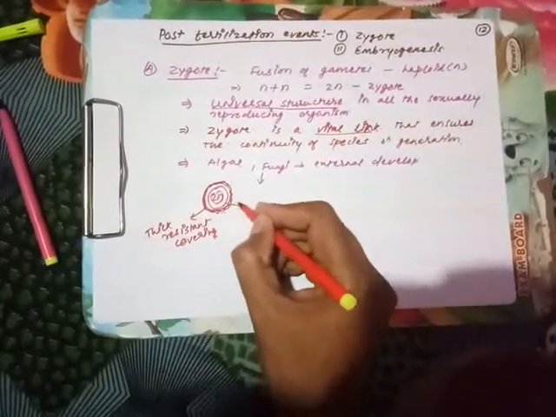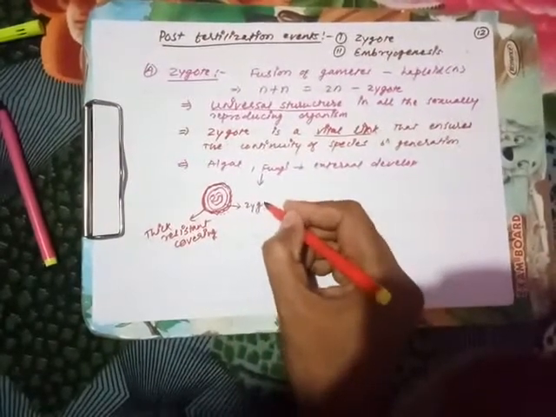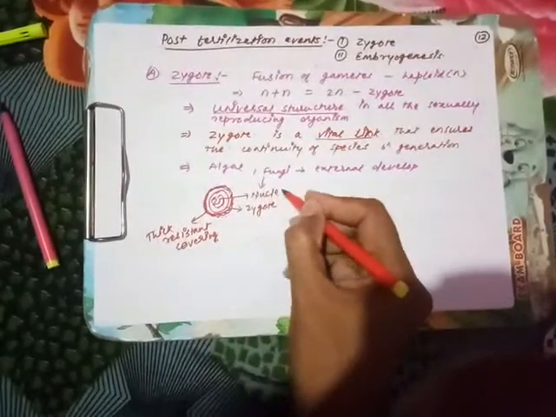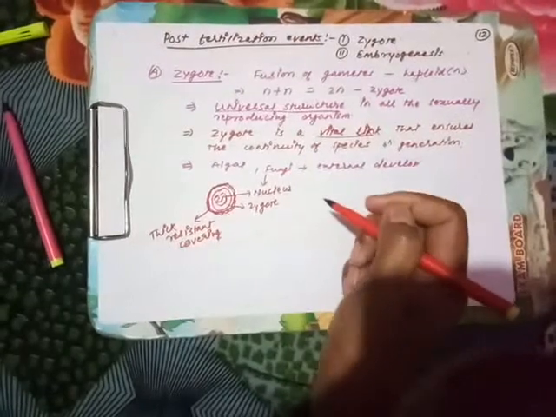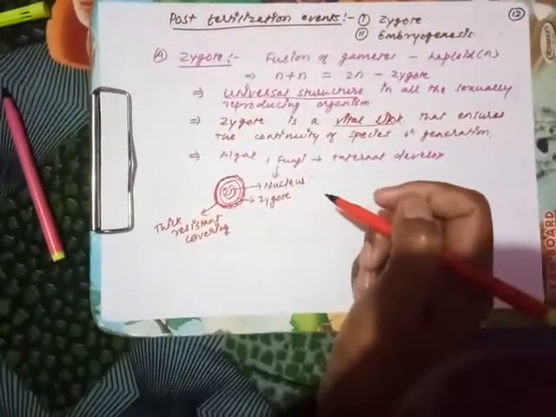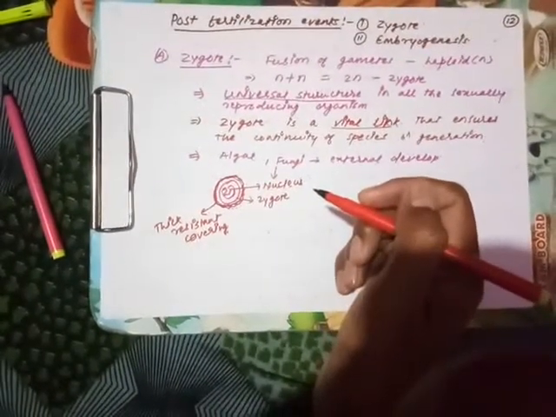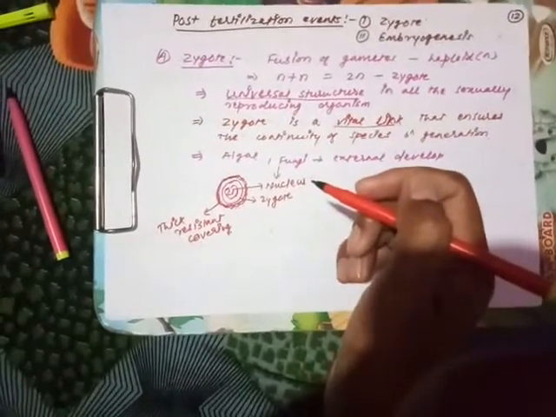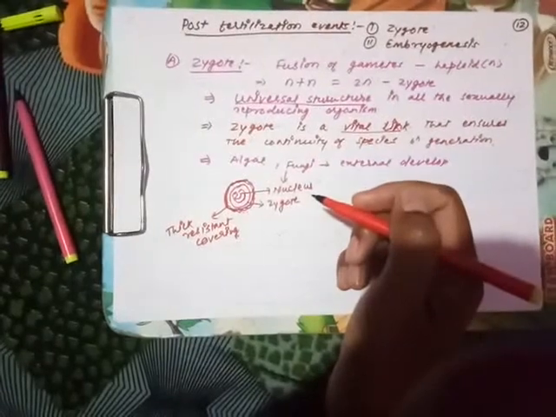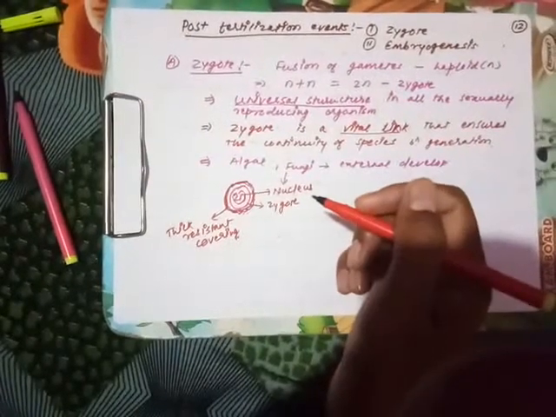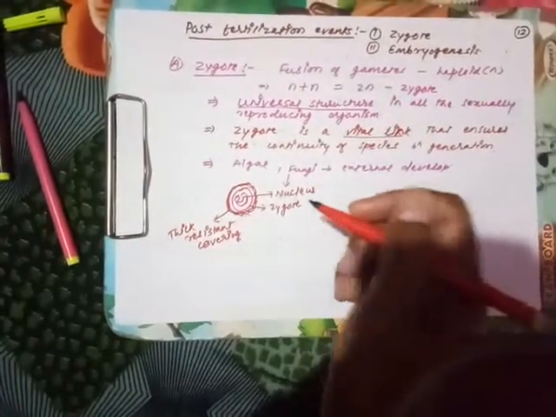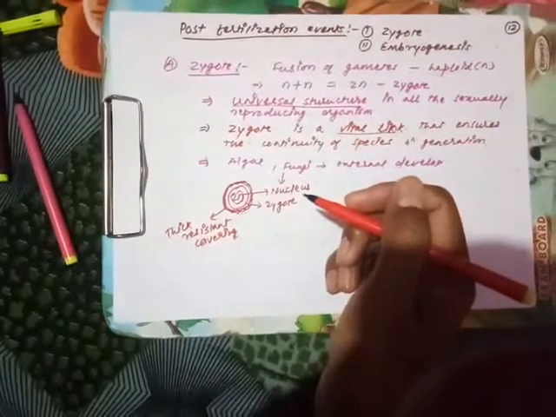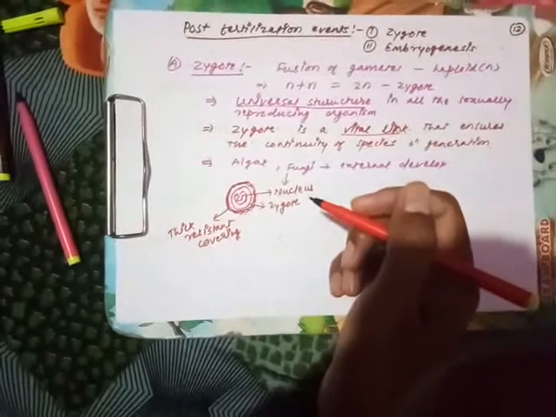Inside the zygote is the nucleus. Are you getting my point? Whenever external fertilization occurs, the zygote lies outside. To protect it against harsh, dangerous conditions by which it can get damaged or desiccated, the zygote develops a thick, resistant wall around itself, which provides protection against desiccation and damage.